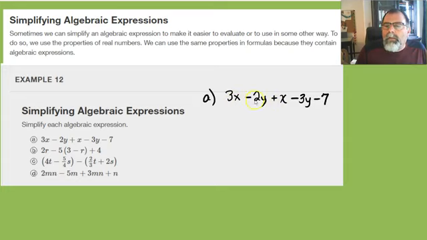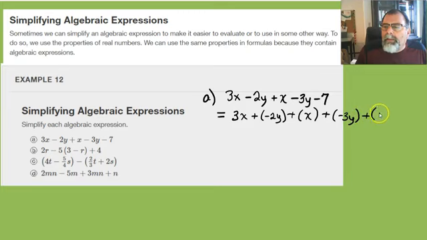Normally you don't write this down, but we want to think of everything as addition, because then we have all the commutative properties. So normally we don't write this, but in our head we're thinking this. Everything's in terms of addition, so I can rearrange the order.